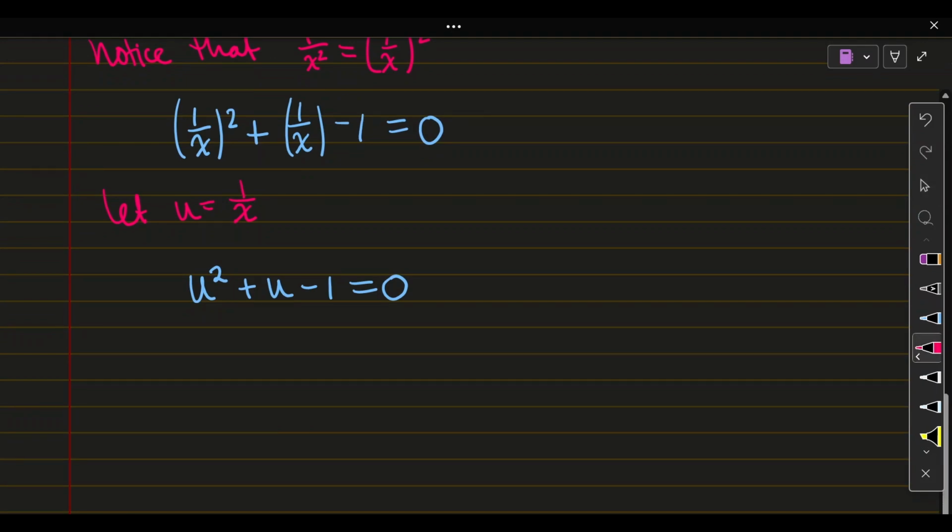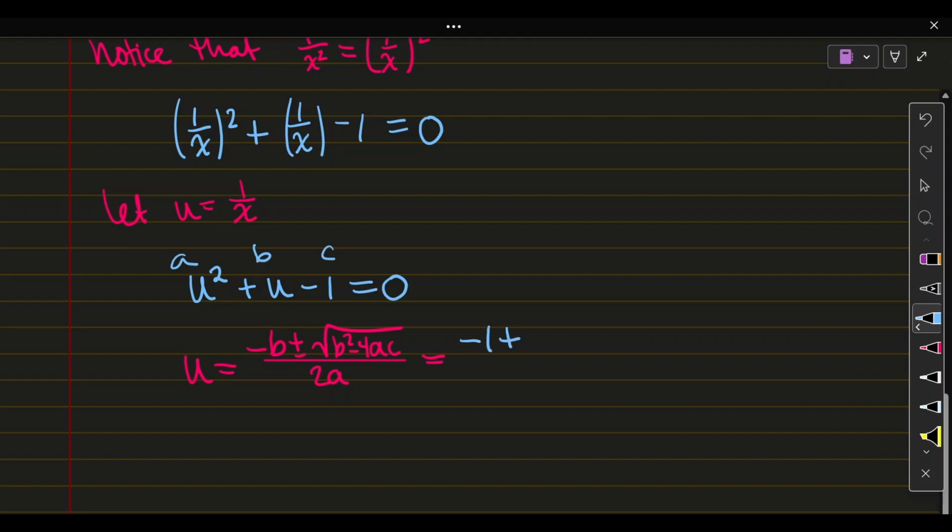So I have that u will equal negative b plus or minus the square root of b squared minus 4ac over 2a. And that is the same as saying my a is 1, my b is 1, and my c is negative 1.